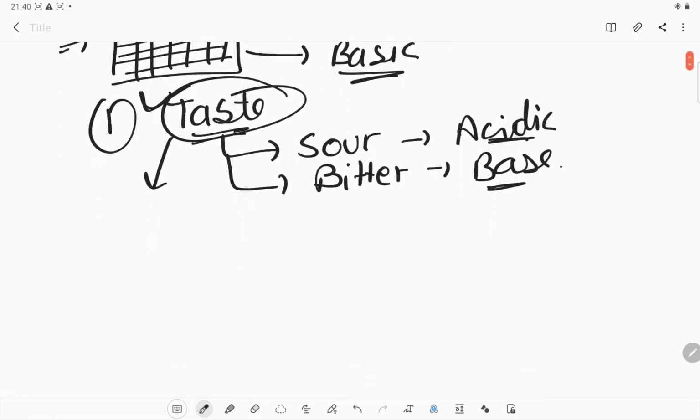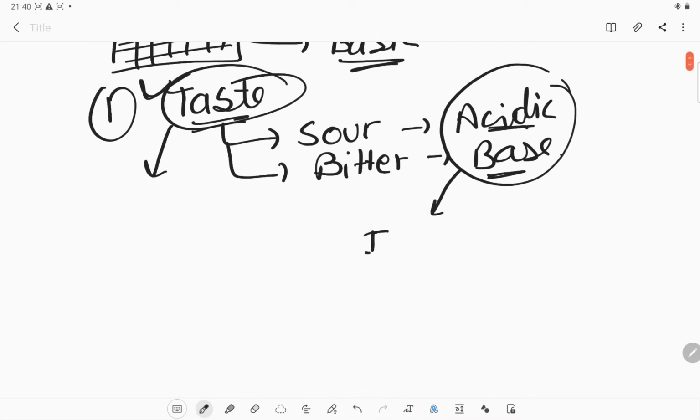But there is a problem: we cannot taste every substance, okay. So for that we require some other things which we call indicators.